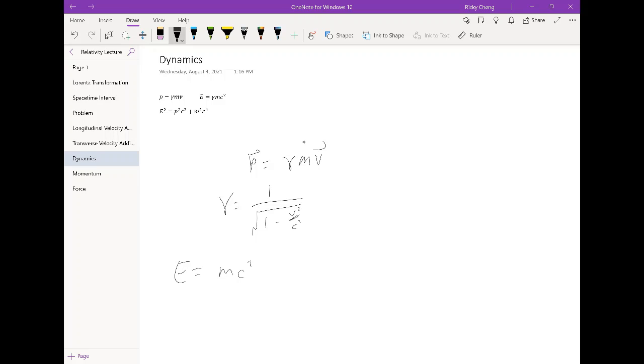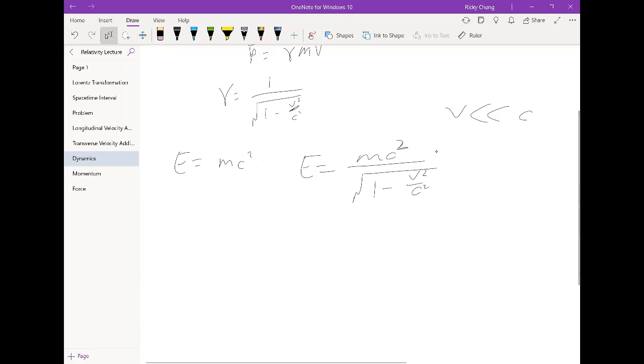Another interesting result of E equals gamma mc squared: let's first write this out. E equals gamma mc squared is just mc squared over the square root of 1 minus v squared over c squared. Now suppose that v is much smaller than c.